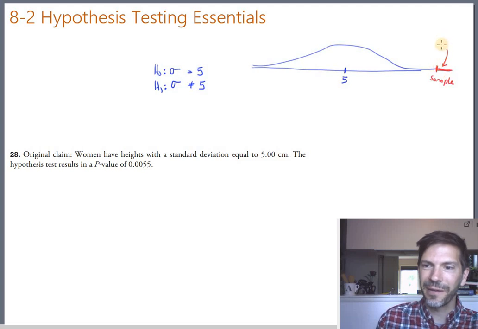The tiny little bit of area that it chops off is 0.0055, which means our sample is unusual if the null is true. Which means I am going to reject the null.